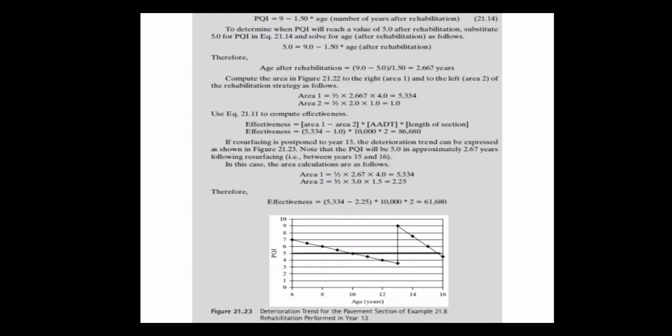So we have here also our solution. PQI equals 9 minus 1.50 times the age, which is the number of years after rehabilitation. So to determine when PQI will reach a value of 5.0 after rehabilitation, substitute 5.0 for PQI in equation 21.14 and solve for age after rehabilitation as follows.